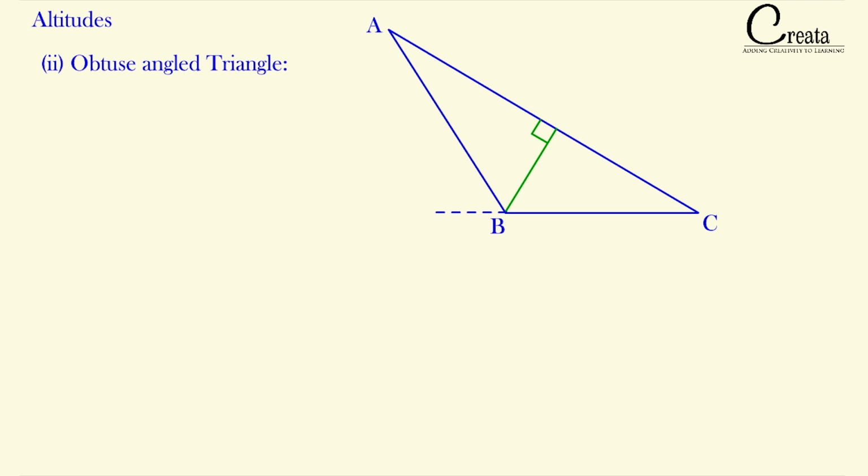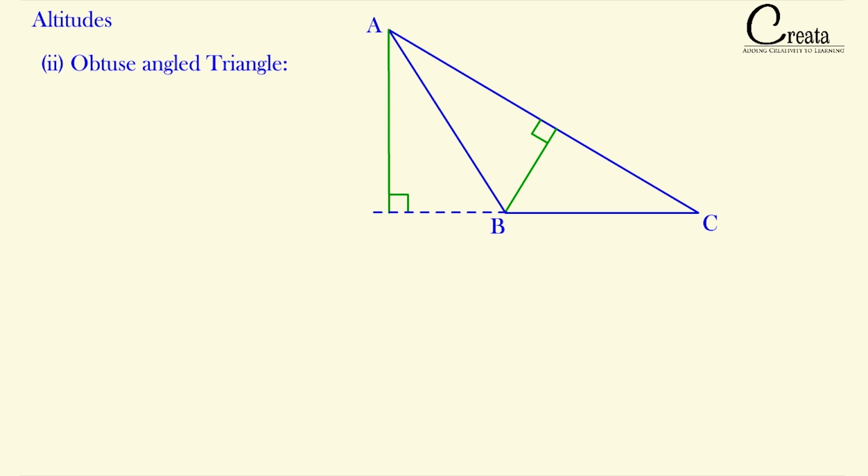If we extend the side BC toward A, we can draw a line segment which is perpendicular to BC as well as touching the vertex A. So this line segment will be the altitude for the vertex A. Got it? This line segment starts from the vertex A and is perpendicular to the extended side BC. So we got that altitudes can also lie outside the triangle. This is one of the important findings.